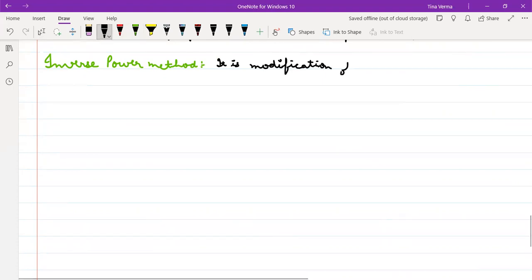This method is also useful when you want to find the eigenvalue close to some number.